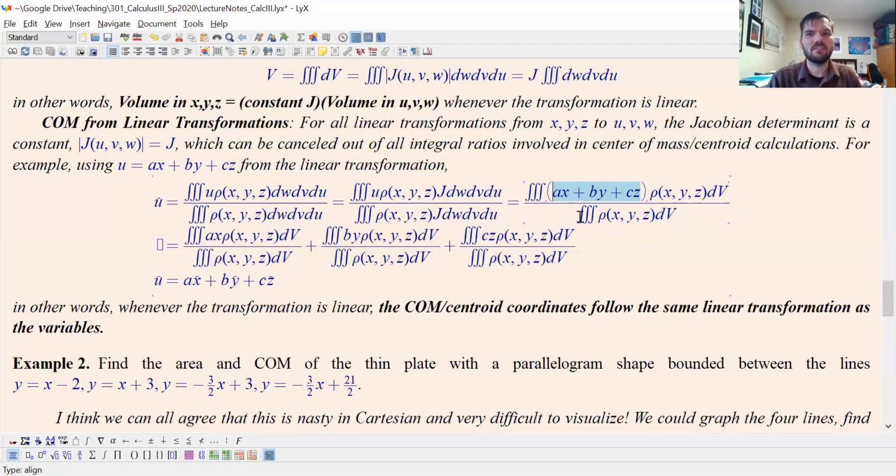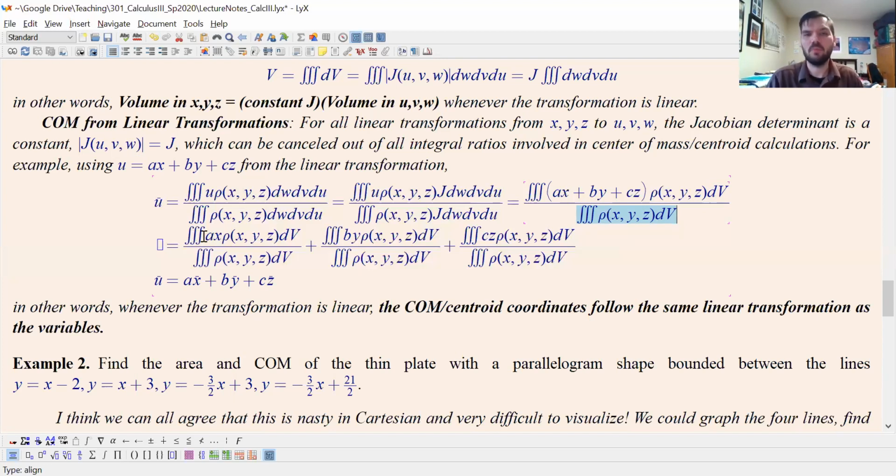That allows us to rewrite the bottom as our mass in the x, y, z space, where this one is the mass in the u, v, w space, right? Weird piece there. And then we can break up this one integral of 3 pieces added together into 3 integrals.